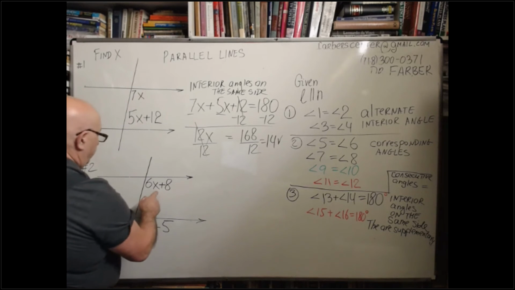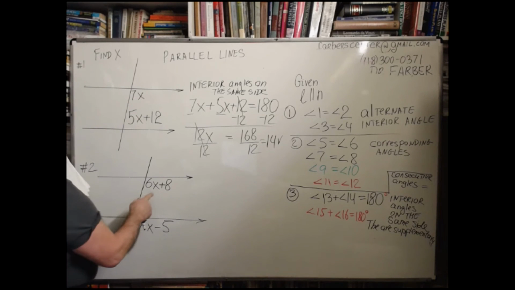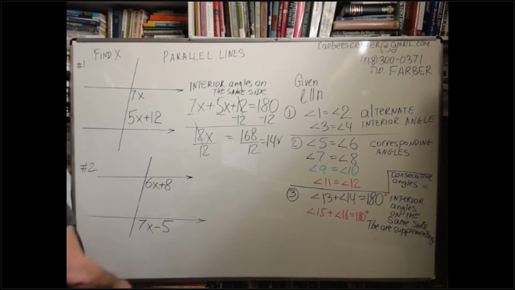This is 6x plus 8 and this is 7x minus 5. Find x. Send me your answer.